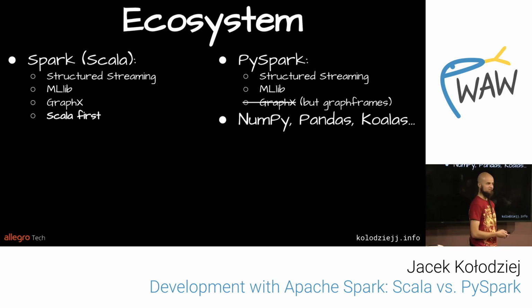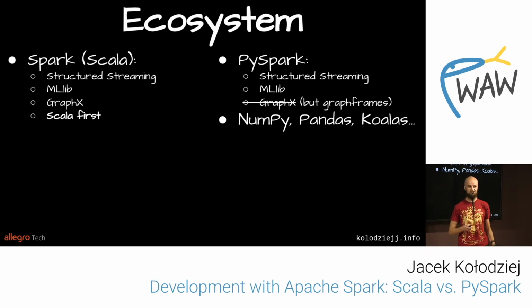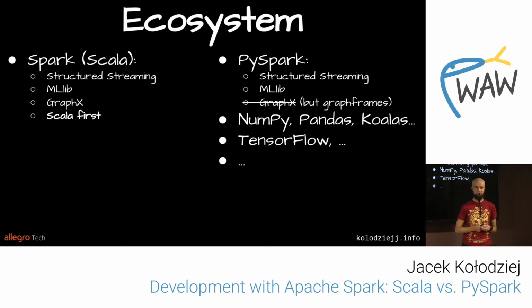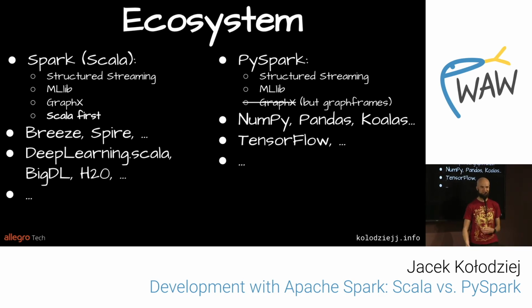On the other hand, Python ecosystem is quite rich. We have NumPy, we have Pandas, we have Koalas, which is like a Pandas-like API over Spark data frames. Sorry, and also we have a multitude of other tools, libraries, frameworks in Python. So maybe it's nice to use PySpark if we can leverage that. On the other hand, Scala isn't some niche language. It also has its ecosystem.